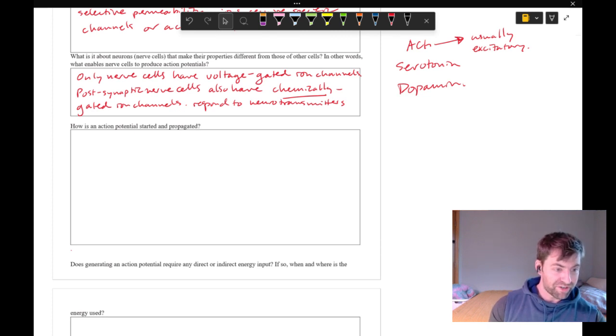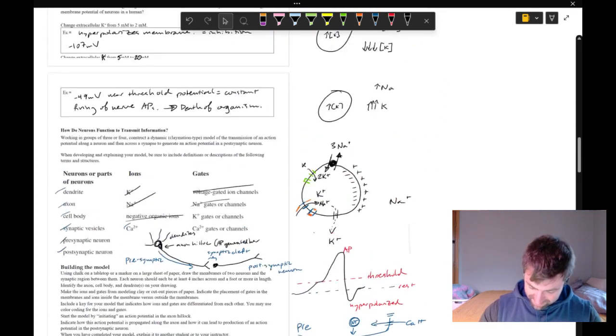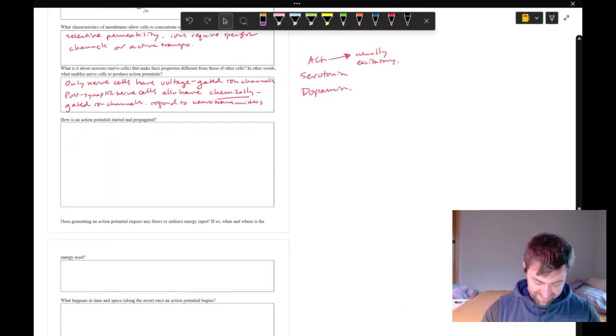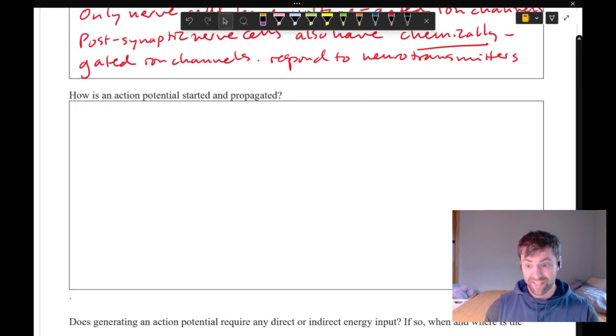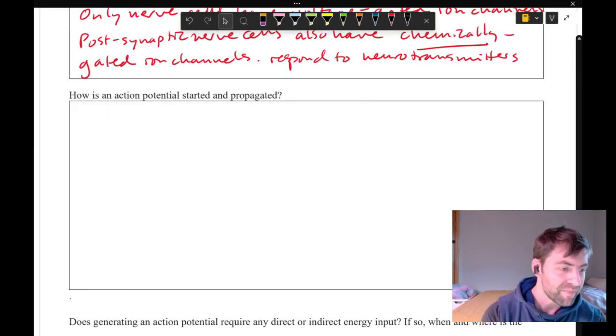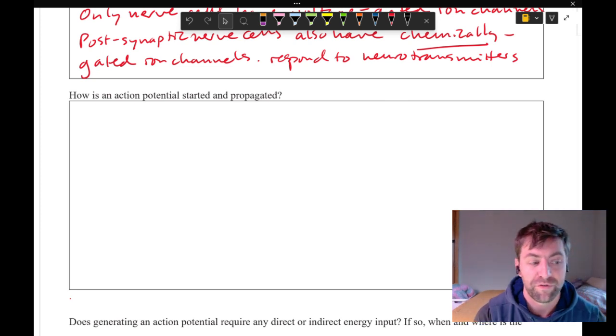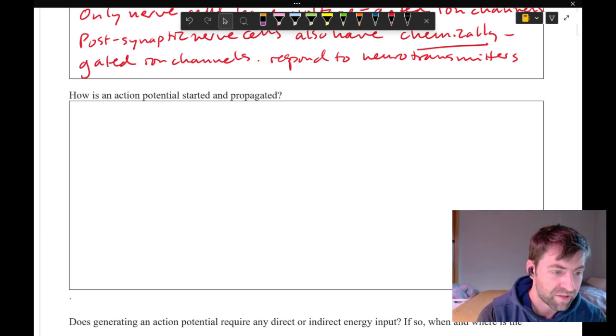How is an action potential started and propagated? This is a good one to go back to your textbook and look at all of the diagrams that they give you. Figure 43.7 in particular, in your Biological Sciences 7th edition, will give you a good breakdown of this.